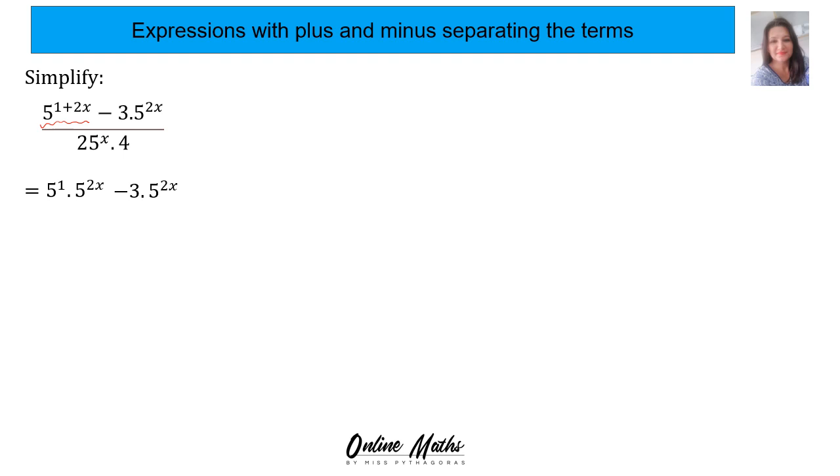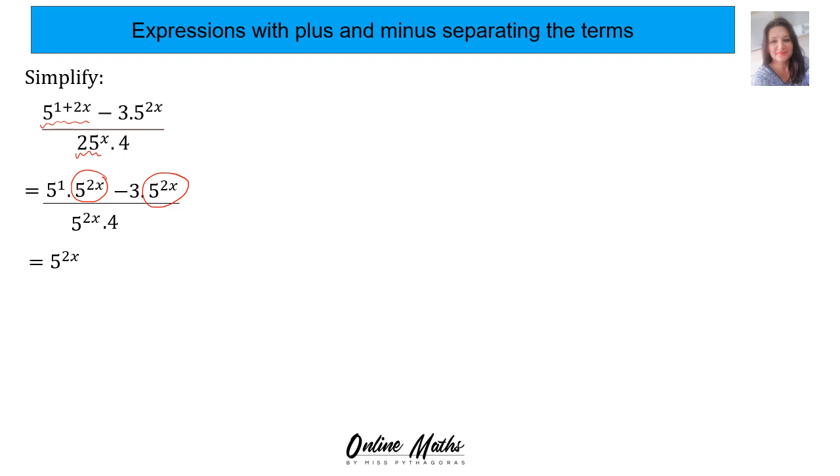And then here on the denominator, the 25, you will write that one as 5 squared, or rather 5 to the 2x times 4. You leave the times 4, you cannot do anything with that. And now you pull out 5 to the 2x as a common factor on the numerator.